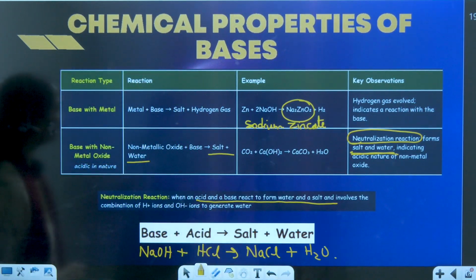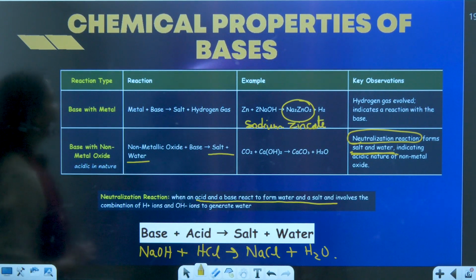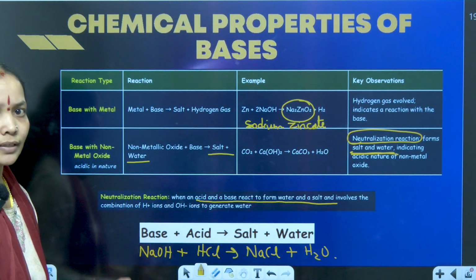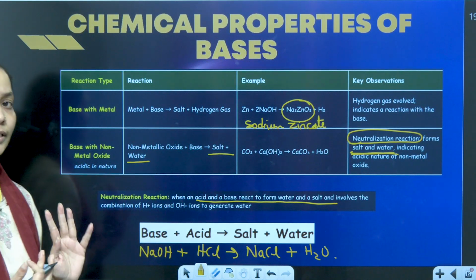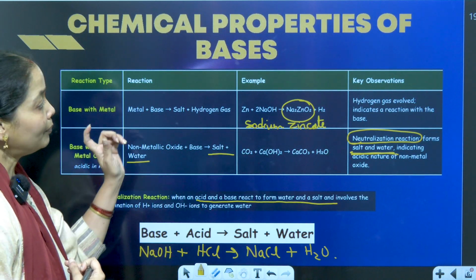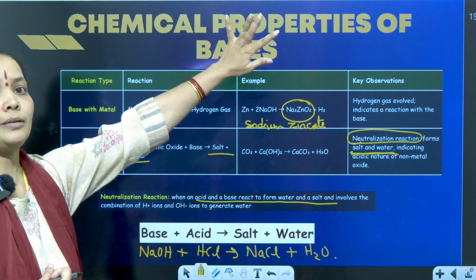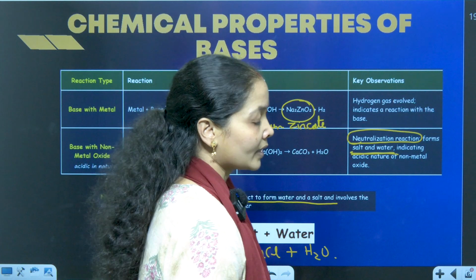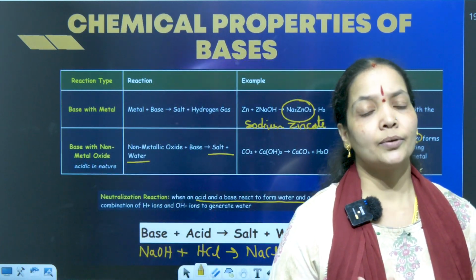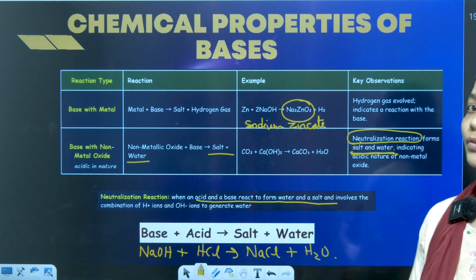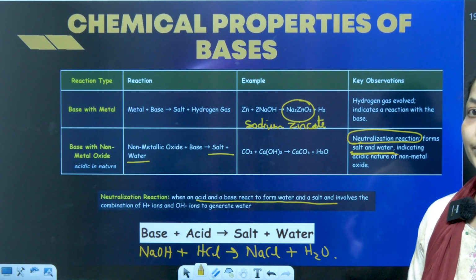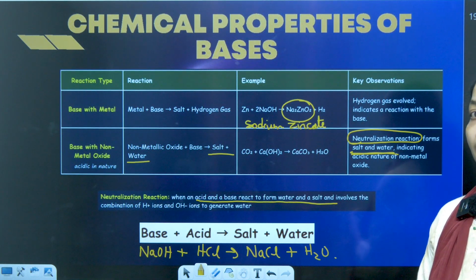This is the most common neutralization reaction that we all have to learn, and it's given in the NCERT textbook also. So this was a tabulation in which we have learnt about the important chemical properties of bases. If you are not able to understand, you can just comment below saying what examples you need or what indications are required for you to clarify the doubts.